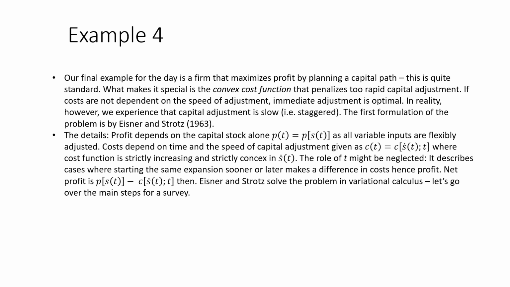So at the end of the day, profit is dependent on the use of the capital stock only, because we can describe the use of the variable inputs as functions of the capital stock.